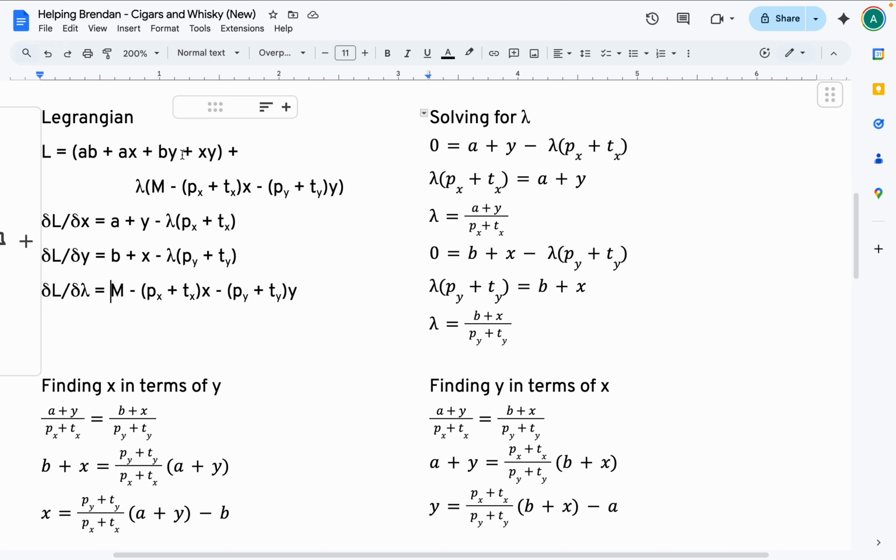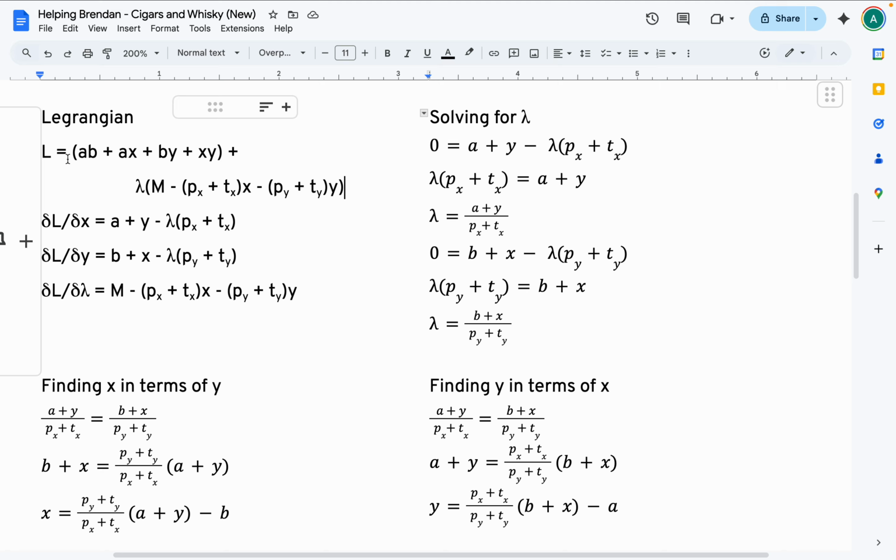So you have this Lagrangian here. You have the thing we want to maximize, which is Brendan's utility. We want him to be happy. And we also have inside here our constraint, which is basically he only has $30 to spend. So the amount of money he has, which is M, minus what he spends, which is this expression here, has to equal 0.